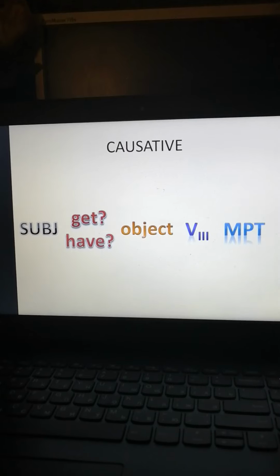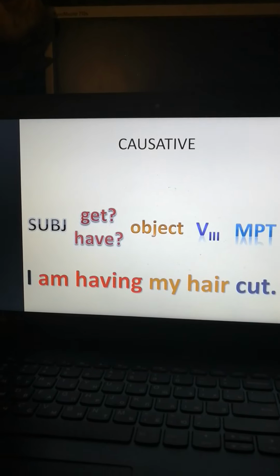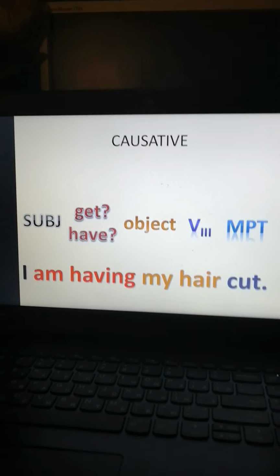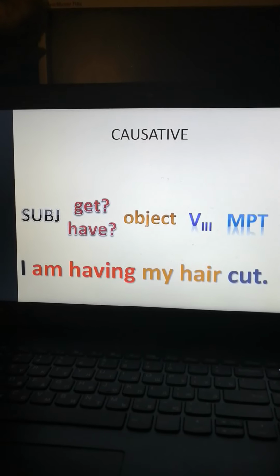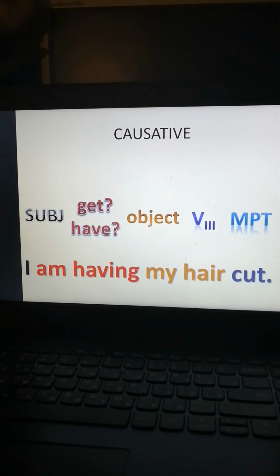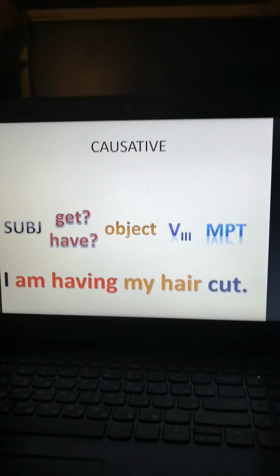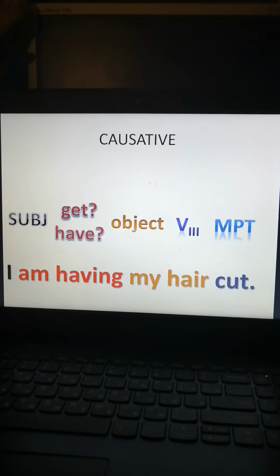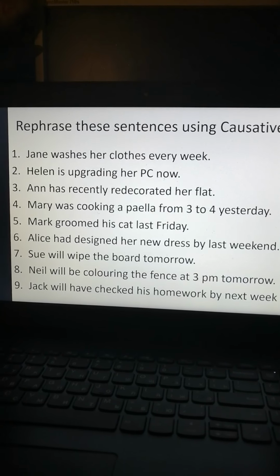Manner, place, time. So, for example, I am having my hair cut right now. She has had her nails polished and they look great now. We will have our parcel delivered tomorrow, etc.